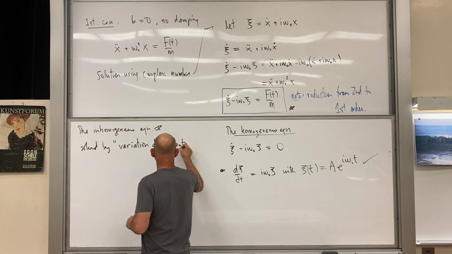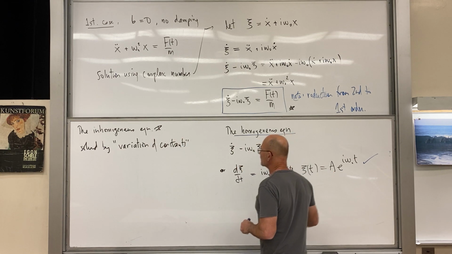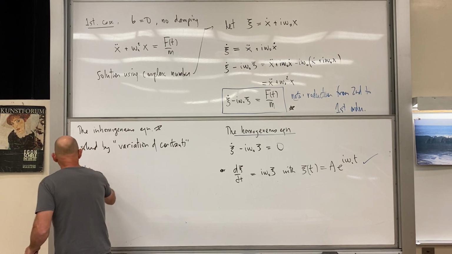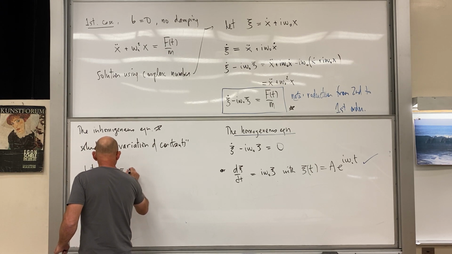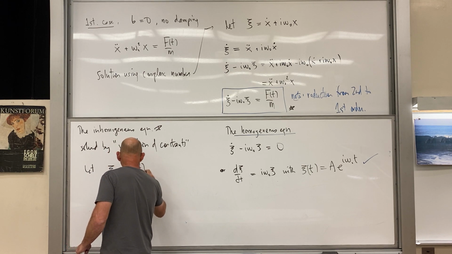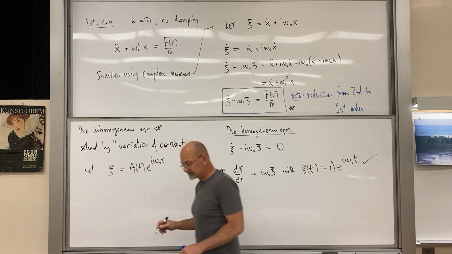In this case, we're going to take this as a function of time. So let our trial solution be equal to a of t e to the i omega naught t.